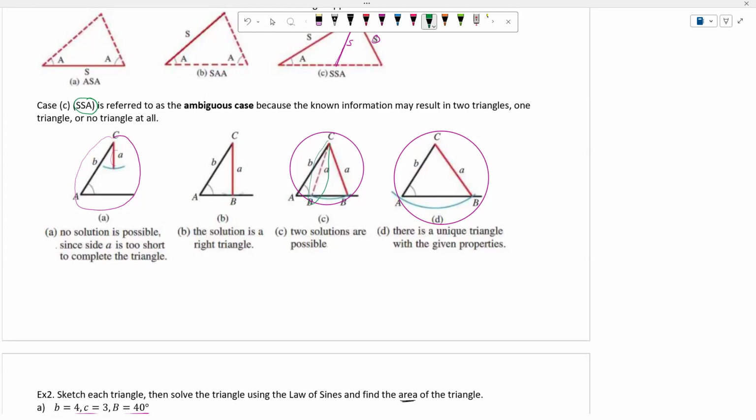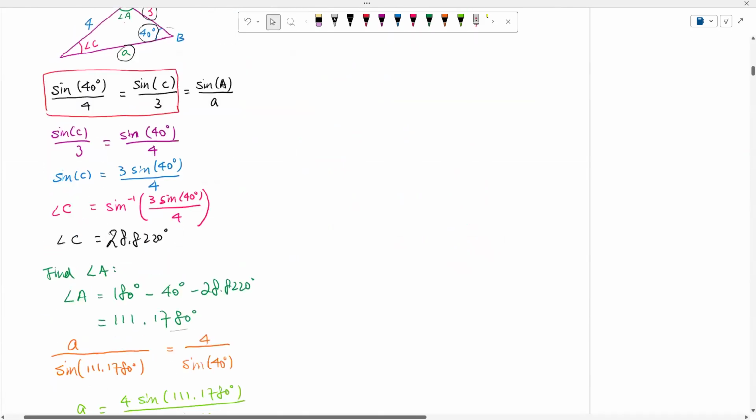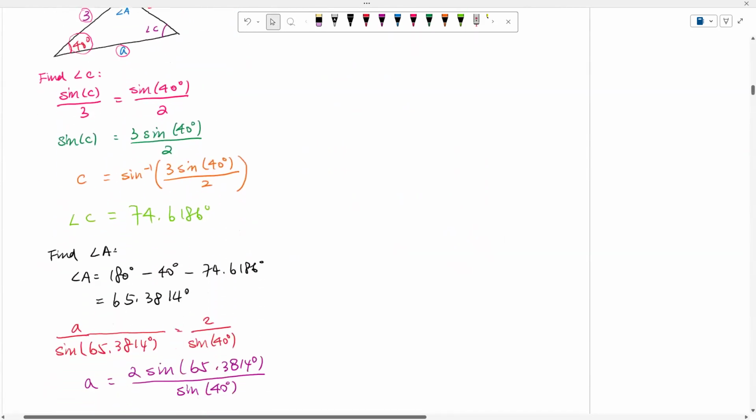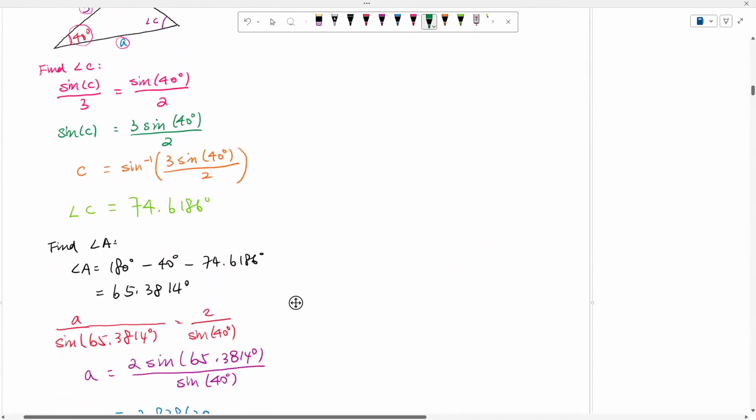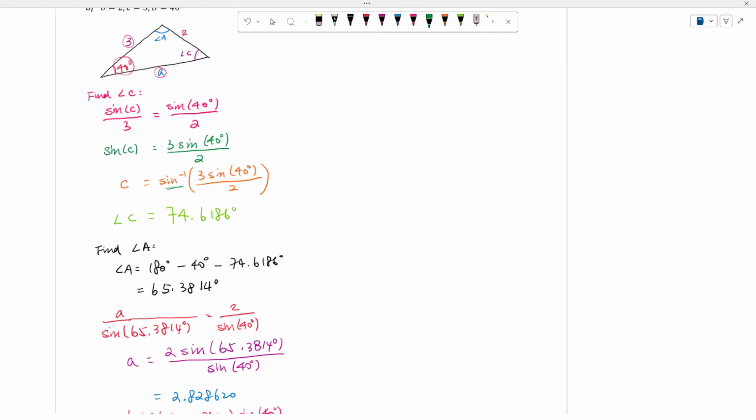The reason is, when you work with the sine inverse, let us do an example.